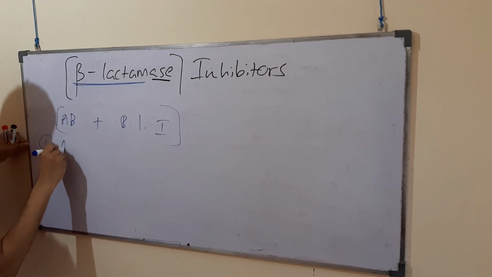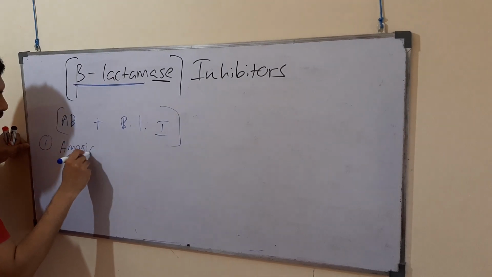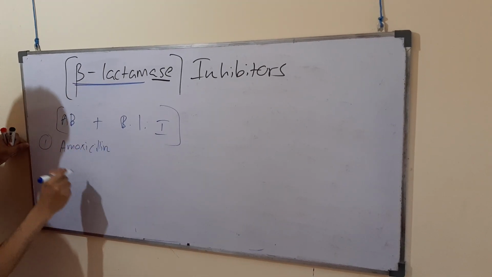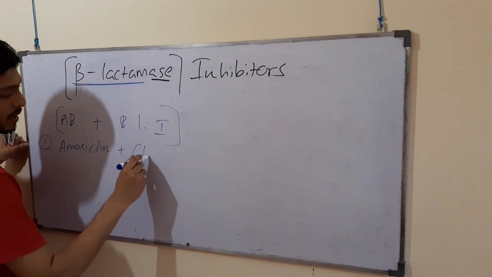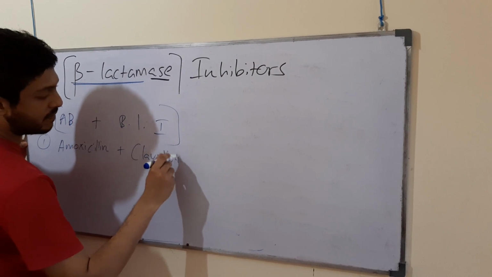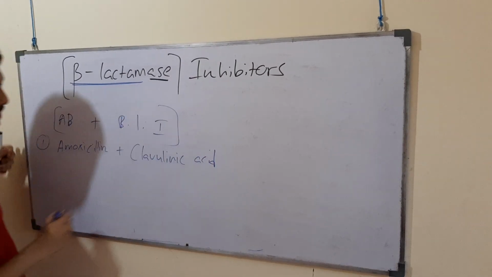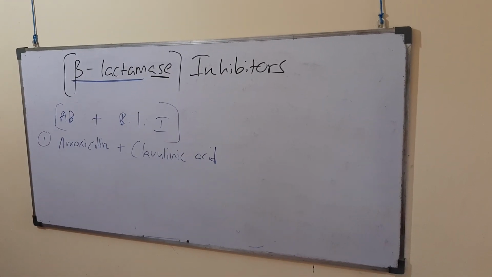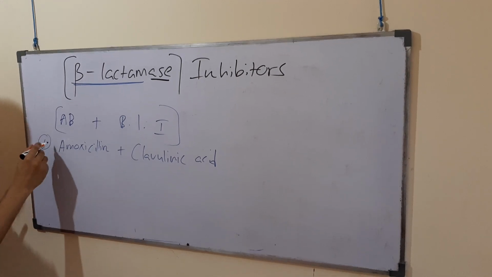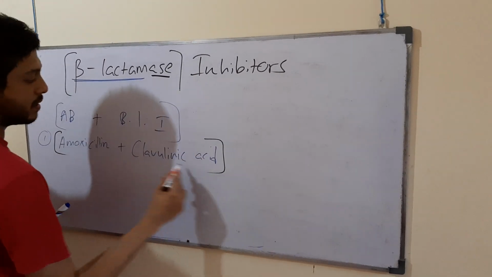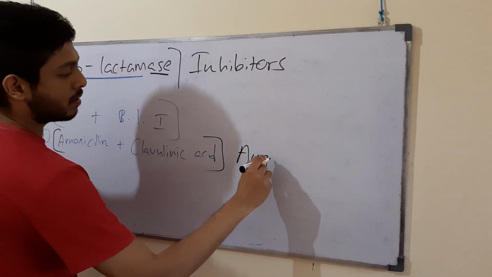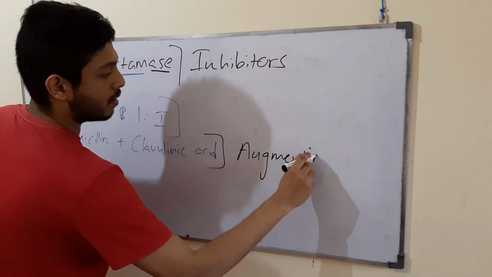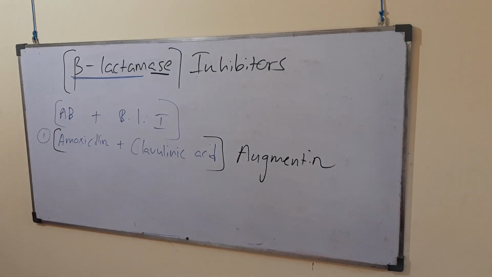So for example, amoxicillin. When amoxicillin is combined with clavulanic acid, right? To this combination we have a particular name, we call it augmentin, right?